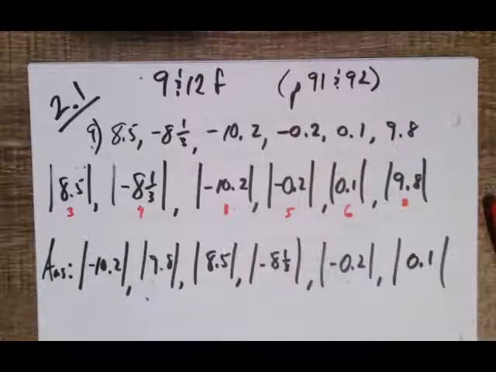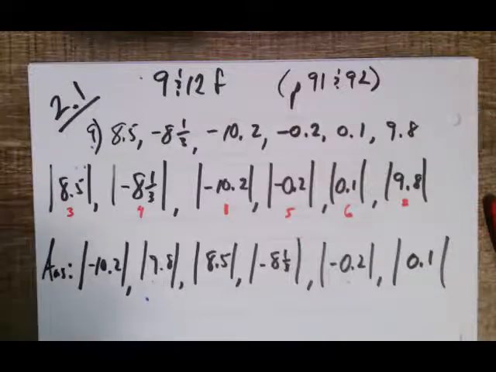Okay, so that's ordering them. Just check my work just in case I made a mistake. 10.2, 9.8, 8.5, 8 1/3, 0.2. Yep, there you go. Hopefully that makes sense. Looks kind of cool looking at my screen. Because math is fun, right?